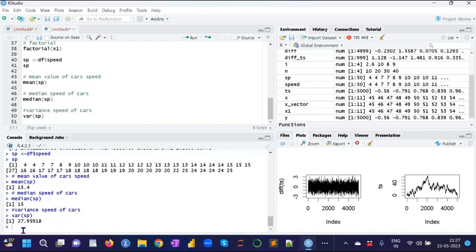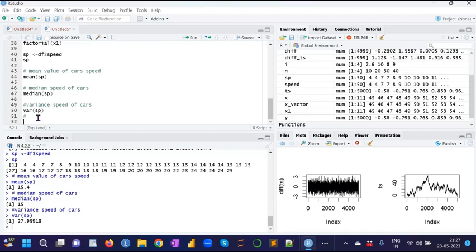This is 27.95918, the variance. Now next is standard deviation.